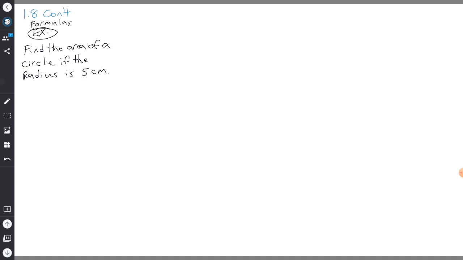So this question asks us to find the area of a circle if the radius is 5 centimeters. So what is the area of a circle formula? So what is that formula?